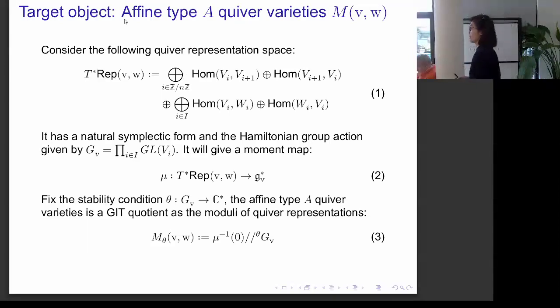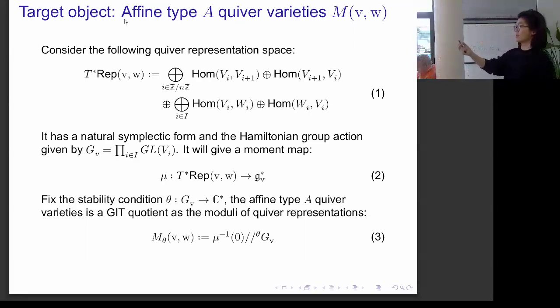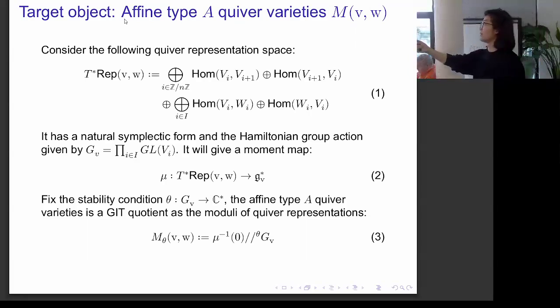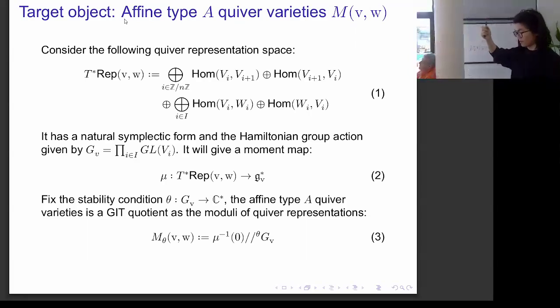It is a bunch of linear morphisms between different vector spaces. For the first part, the vector spaces denoted by V, we usually call these the gauge nodes. For the vector spaces denoted by Wi, these are usually called the framing nodes. Both of these terminologies are from physics.